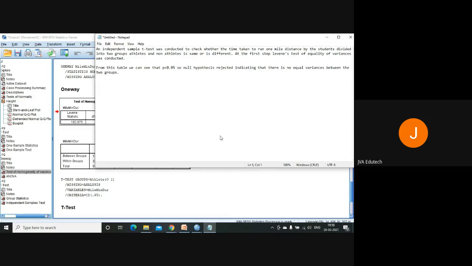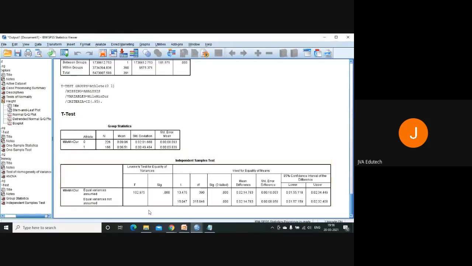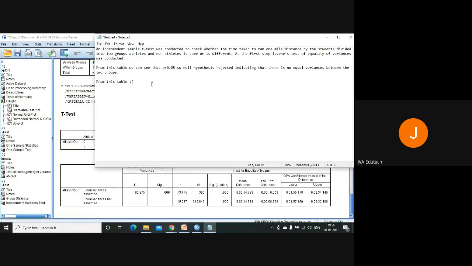After that, put this independent sample t-test table, and write from this table the t, degree of freedom, because now you have to take the equal variances not assumed case. Degree of freedom comes out to be 315. t(315) is equal to 15.047. At this value, p is less than 0.05.